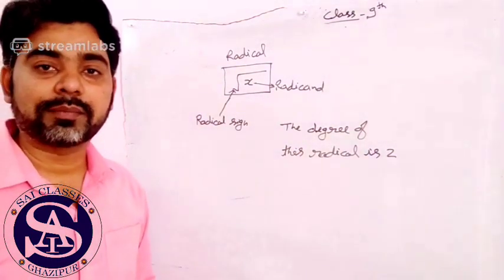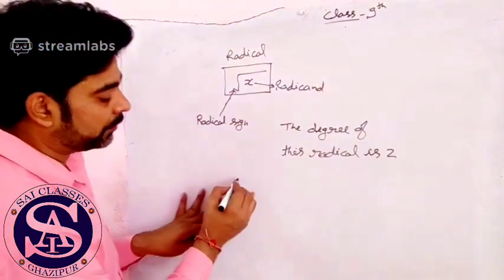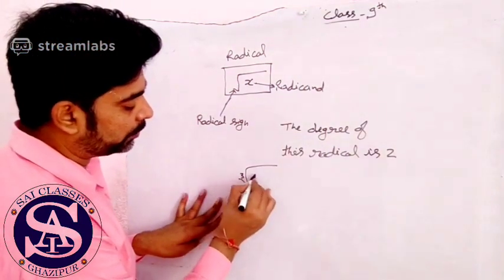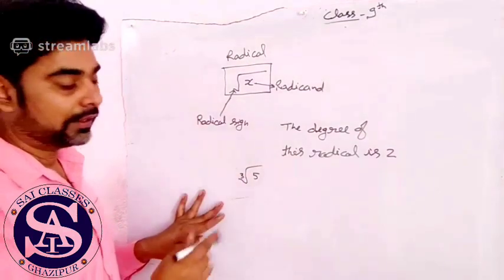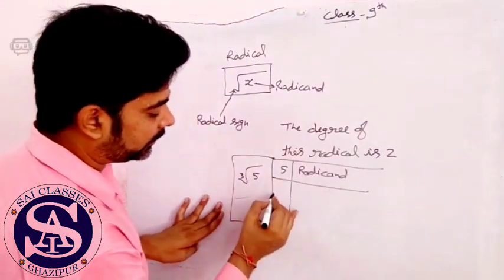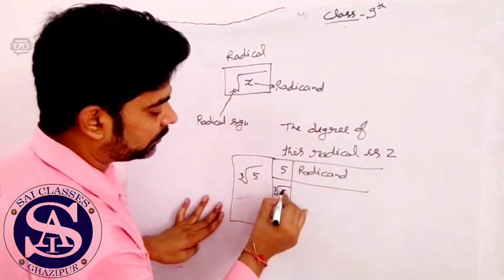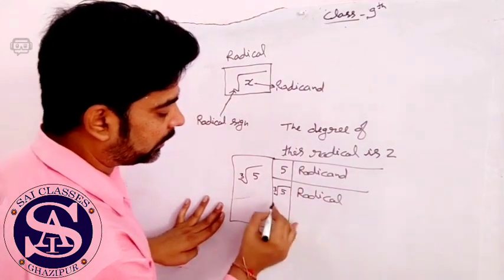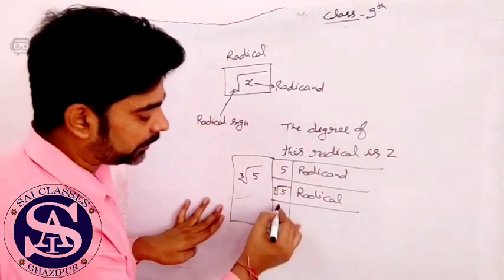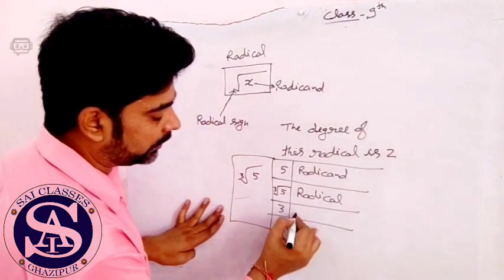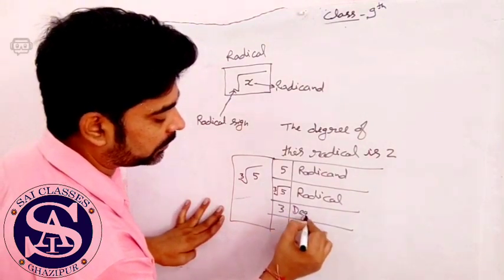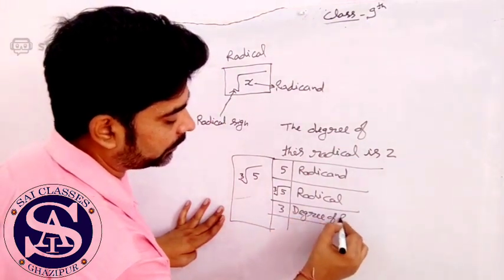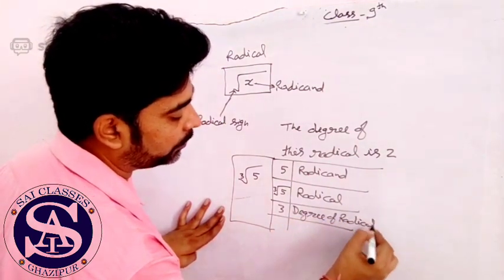Let's see another example. Suppose we are given cube root 5. The cube root 5 is the radical, and 3 is the degree of the radical.